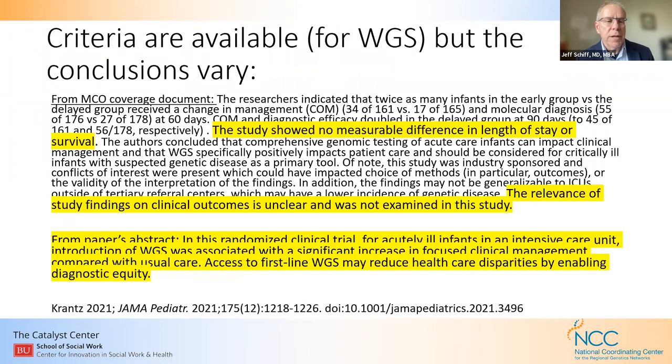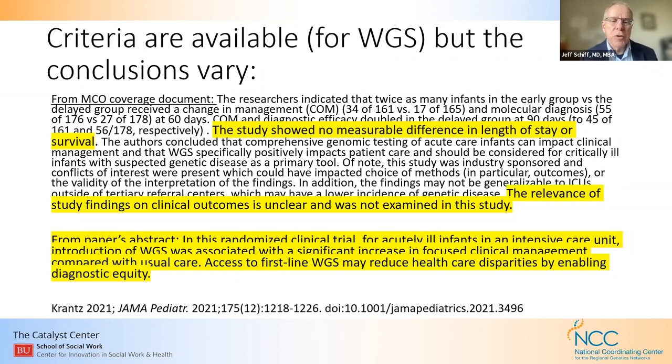And if you go to the next slide, the MCO really talked about the fact that there was no difference, in a study about whole genome sequencing done fast versus slow in the NICU. So a 15-day early group versus a larger group. When tests are expensive, managed care organizations get into this level of detail.